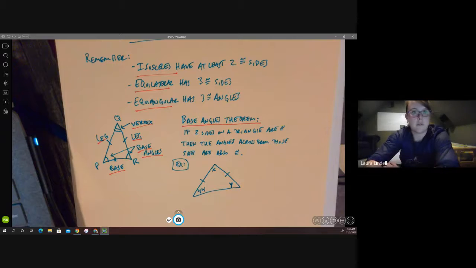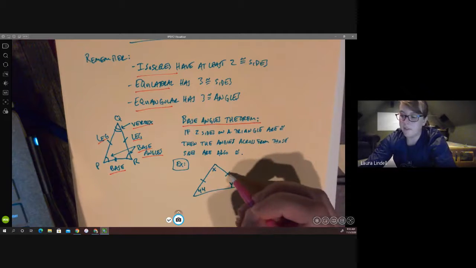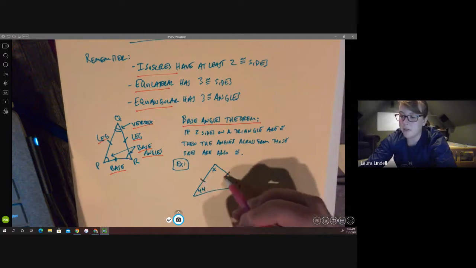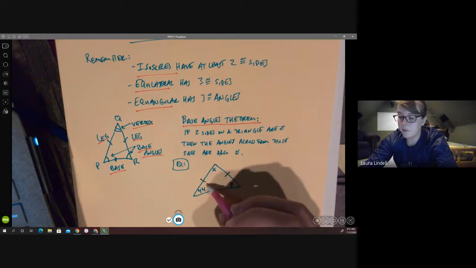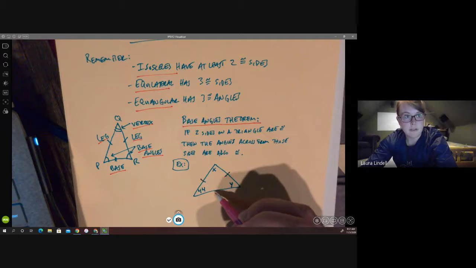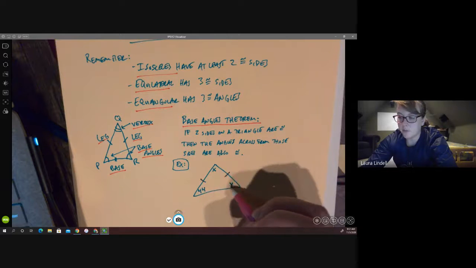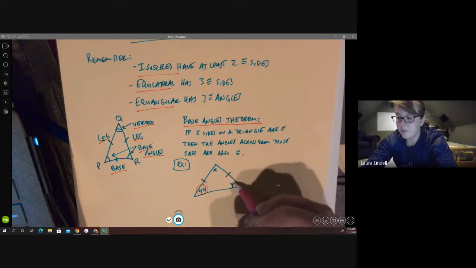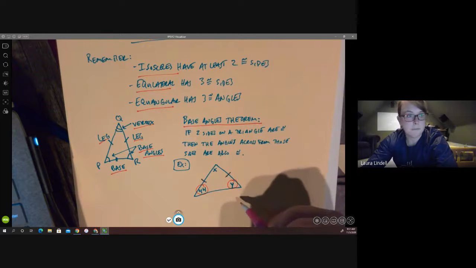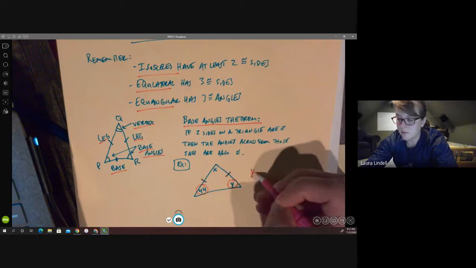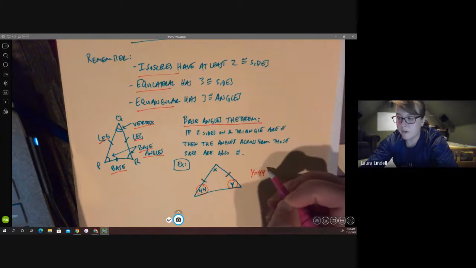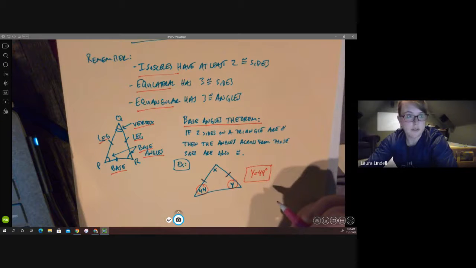To figure out what the other two angles are going to be, we need to notice that these two are the sides that are congruent. So if these are the sides that are congruent, these are the legs, and this is the base. That means the base angles are congruent to each other, the ones that are attached to the base. So these two angles would be the same because of the base angles theorem. So that's part of our answer.